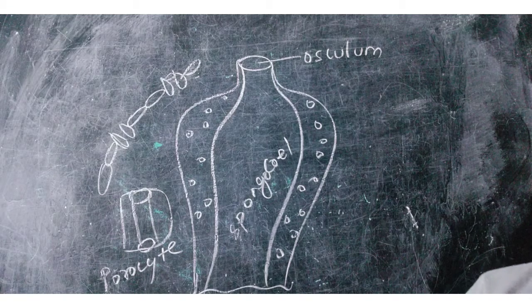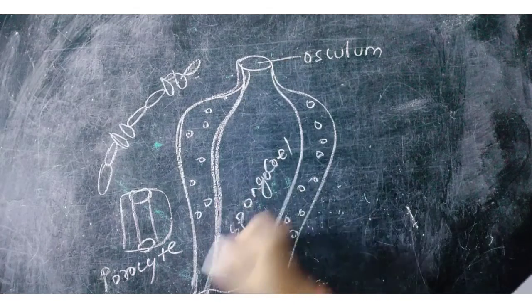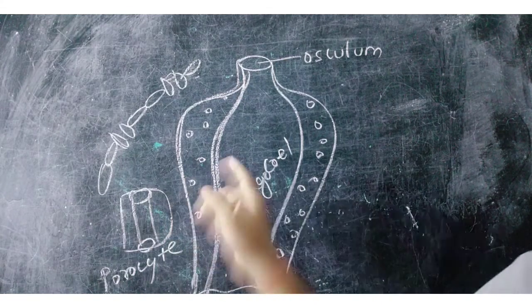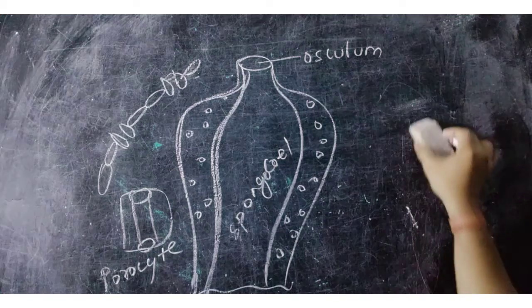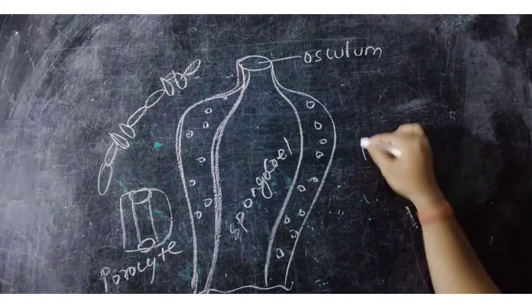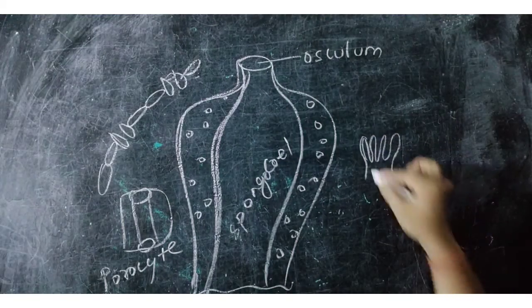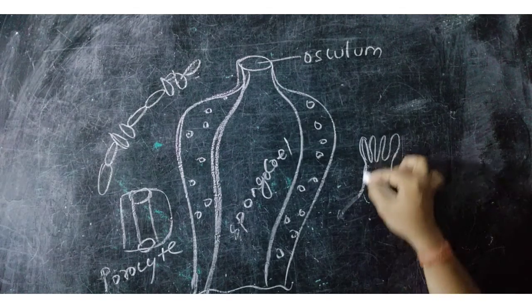The inner layer is the gastrodermis, or guanoderm. The guanoderm consists of flagellated cells, called guanocyte cells.